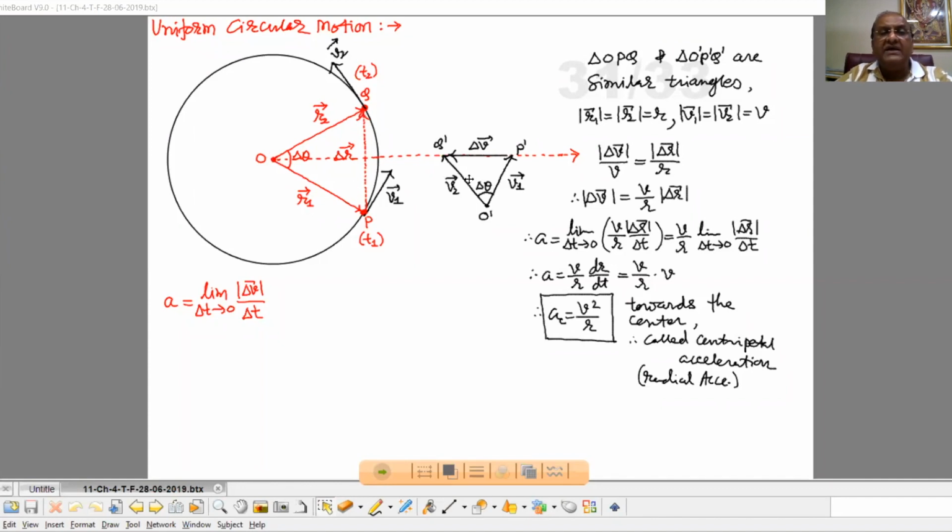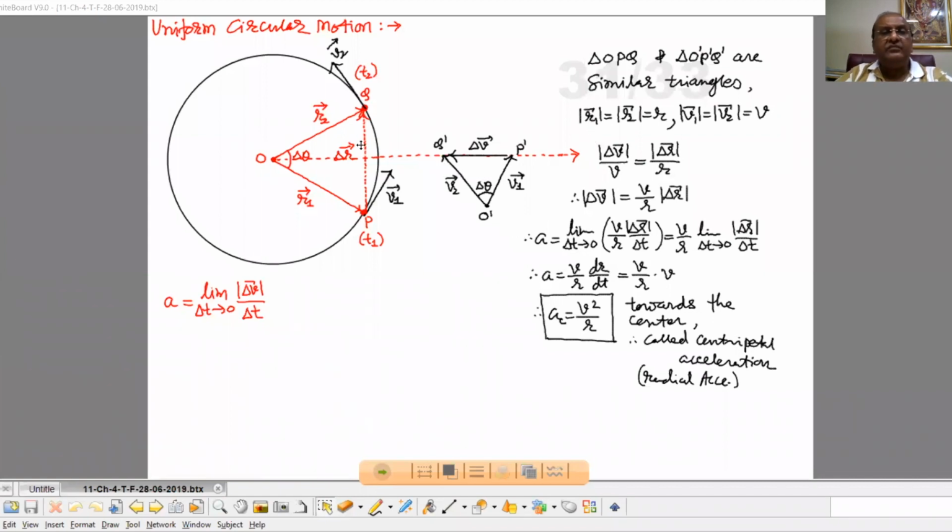These two triangles will be similar because this angle is delta theta, this angle is delta theta, and this side by this side is 1, because magnitude-wise the velocities are the same. Similarly, the radius of the circle remains the same. So these two are similar triangles.